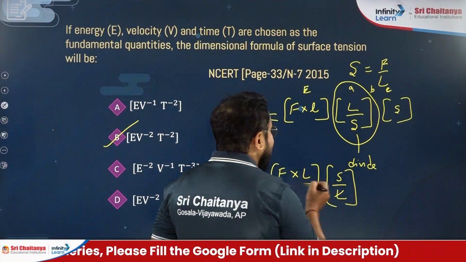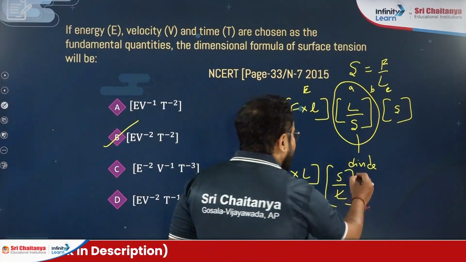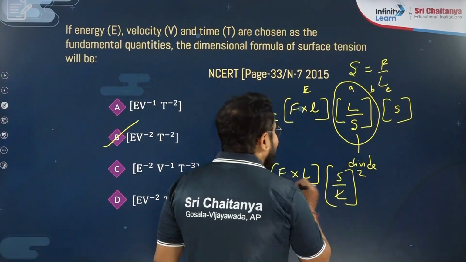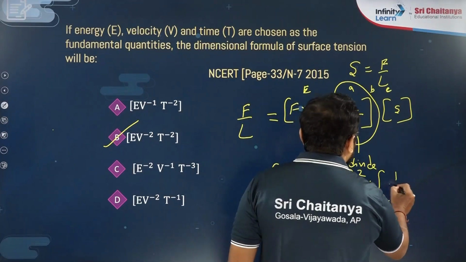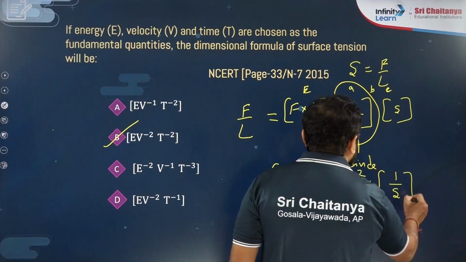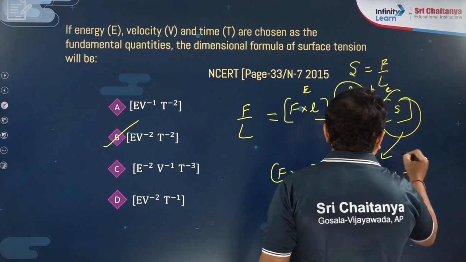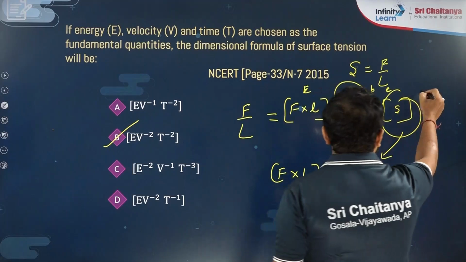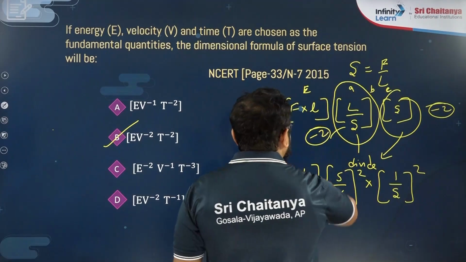Now this L and this L will get cancelled. So again L will not be left. So what we will do? We will do a square. Now one L is left. We have to cancel the S. How we can cancel the S? 1 upon S square. So that means we have to divide both of these with the power 2. This should be also minus 2 and this should be also minus 2.